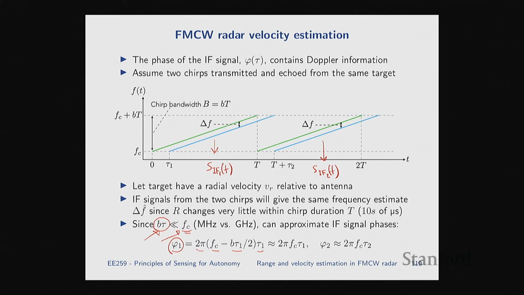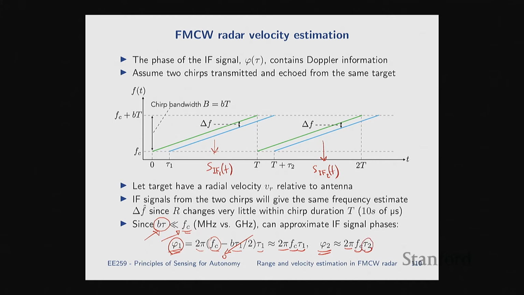So inside here, you can assume this is almost 0 in comparison to fc, and then your phi just becomes 2 pi times the carrier frequency times tau 1. Just like that, what is the phase of the second IF signal? That becomes 2 pi fc tau 2, right? So the phases are directly proportional to the taus.